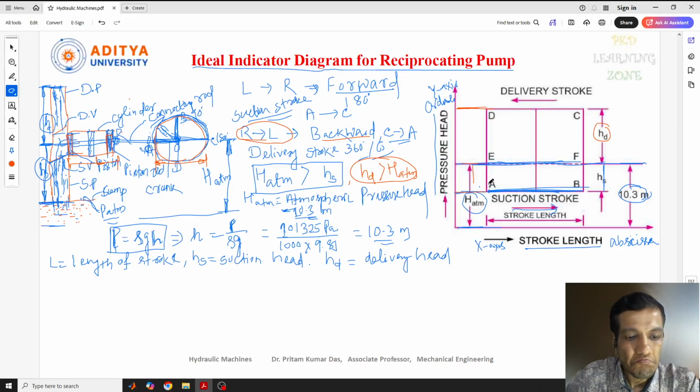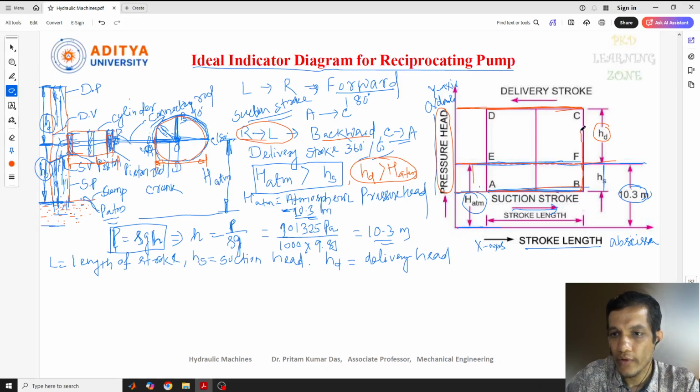During the delivery stroke, the line given here is CD, and the pressure head in the cylinder is represented by it. The pressure head is nothing but the distance covered in the suction stroke and in the delivery stroke: A to B, B to C. Then this is the center line of the cylinder.